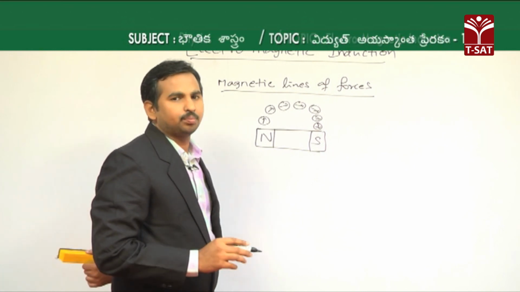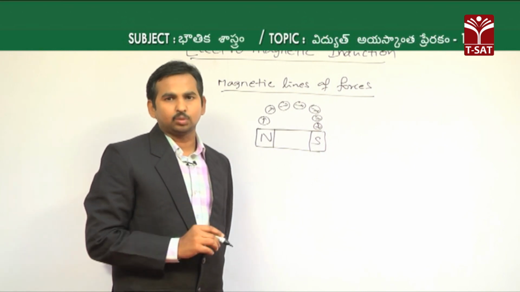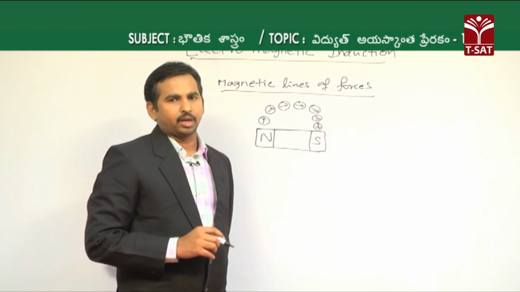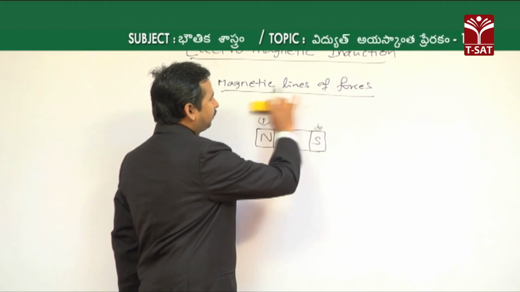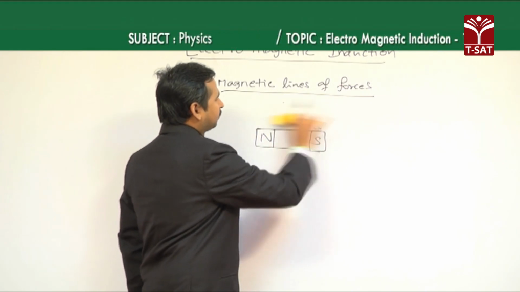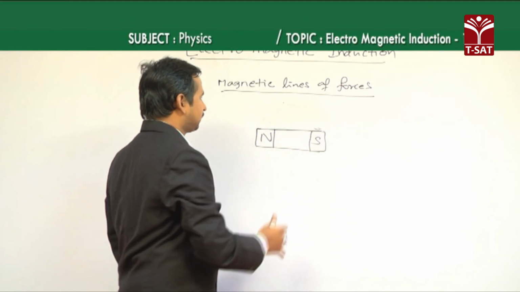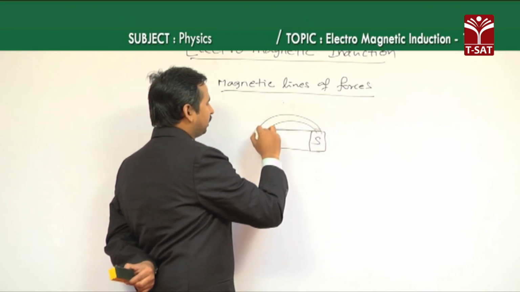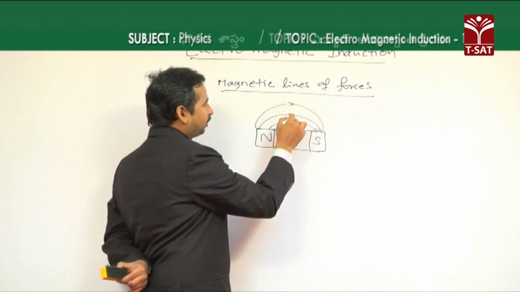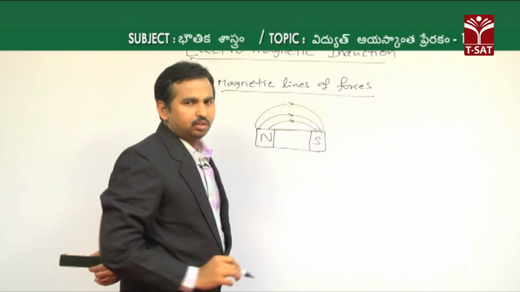That is nothing but the path followed by the north pole when placed in a magnetic field. Usually in the case of a bar magnet, these magnetic lines of forces are curves starting from the north pole and ending on the south pole.